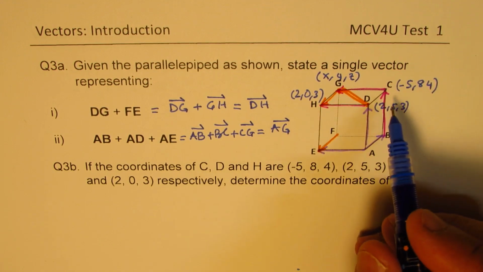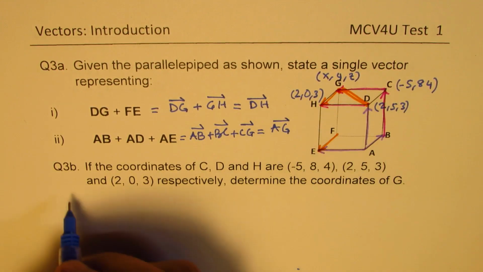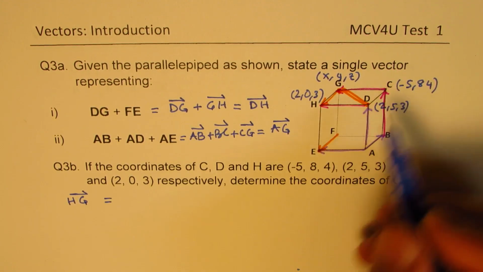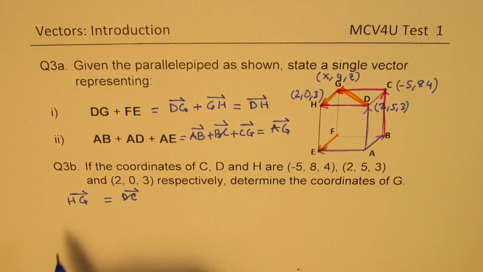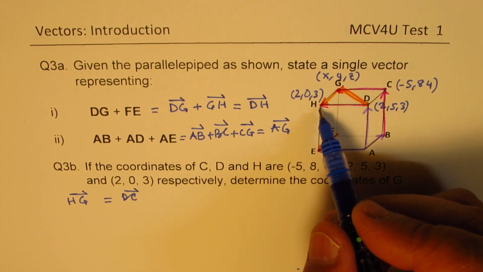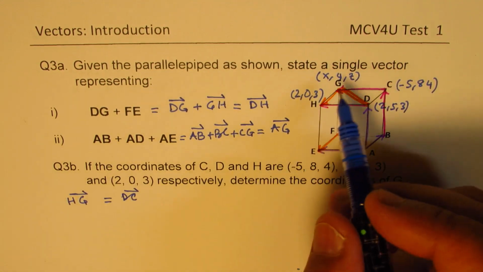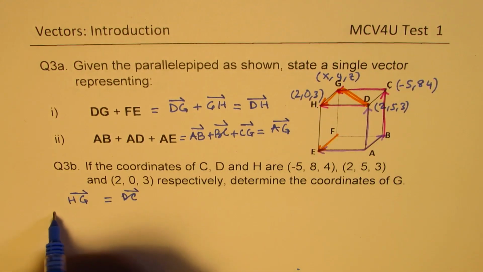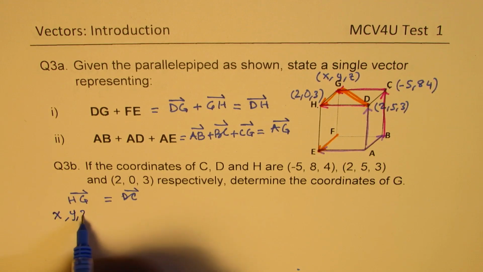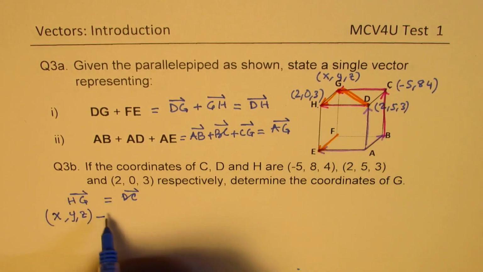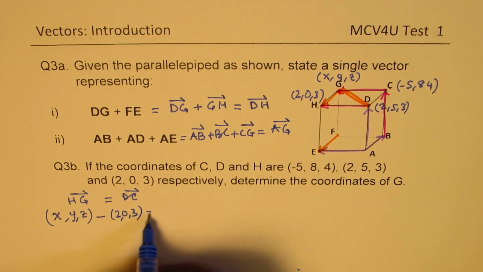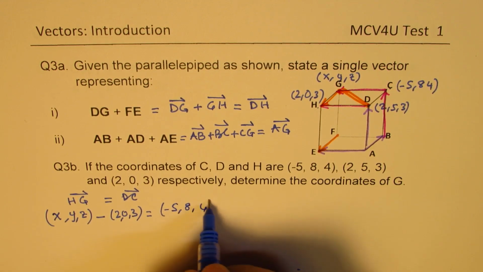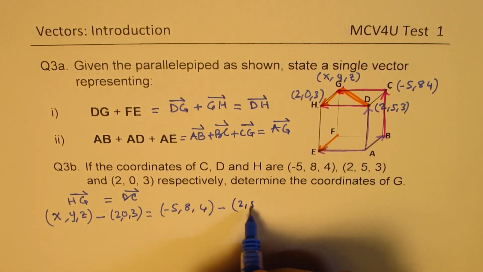So from here, we know that HG is equal to DC. Okay, that's fine. So HG is equal to DC. So that means we could write like this, that XYZ minus 2, 0, 3 is equal to DC, which means -5, 8, 4 minus 2, 5, 3.